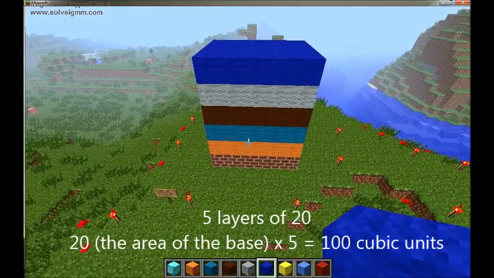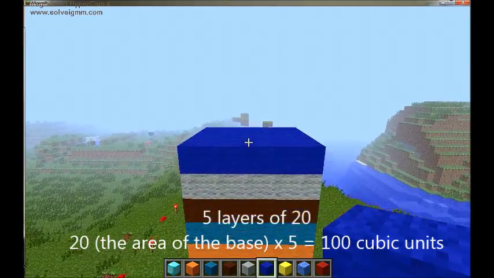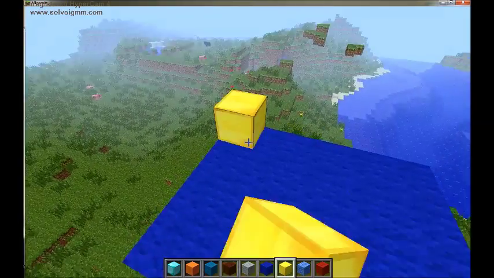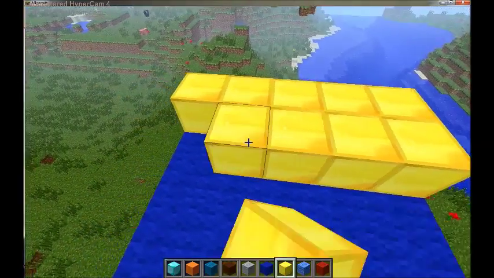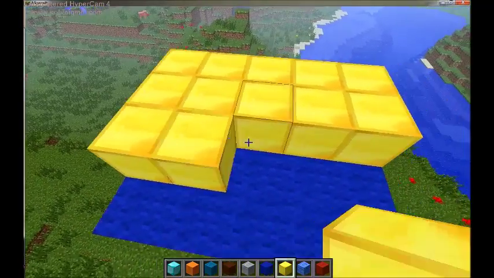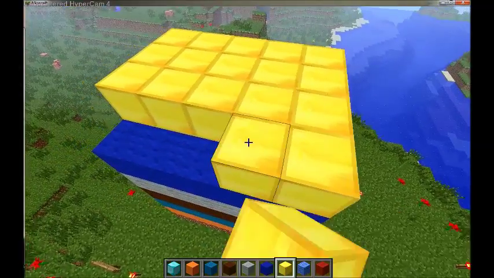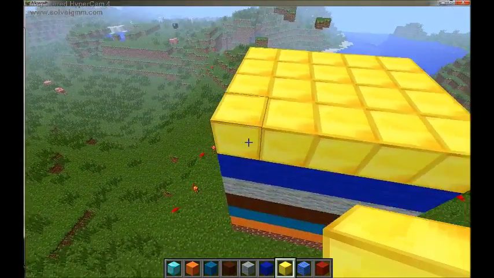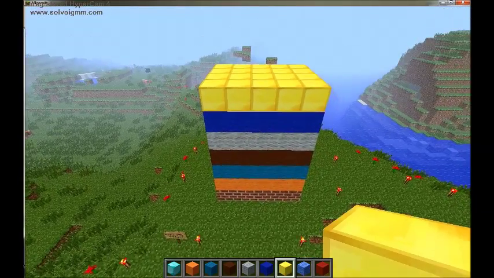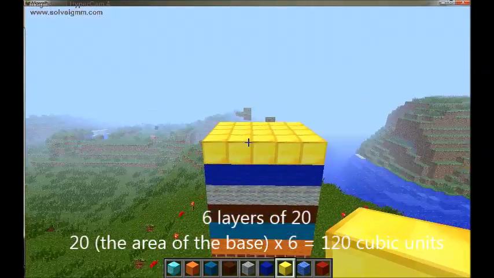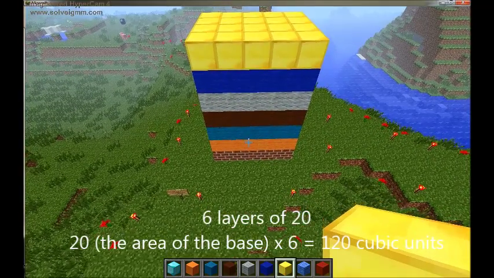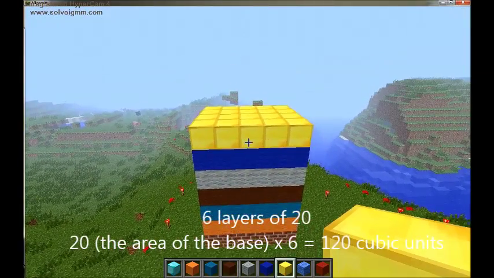So now that's 20 times 5. Another layer. Now I have 20, 40, 60, 80, 100, 120. 120 units, which would be the same as 20 times 6.